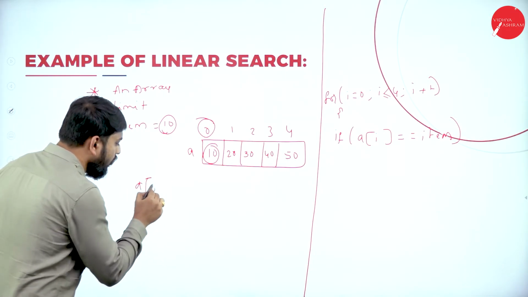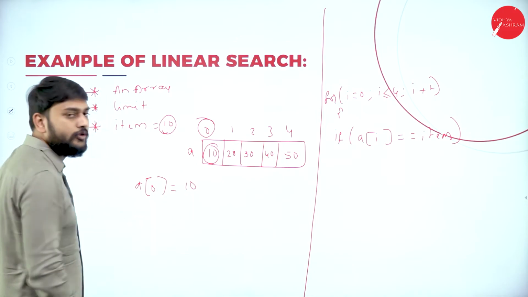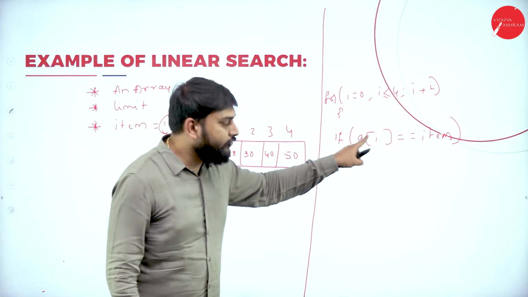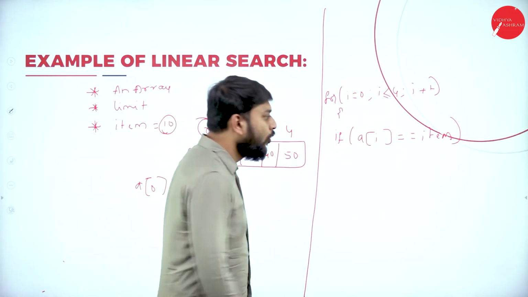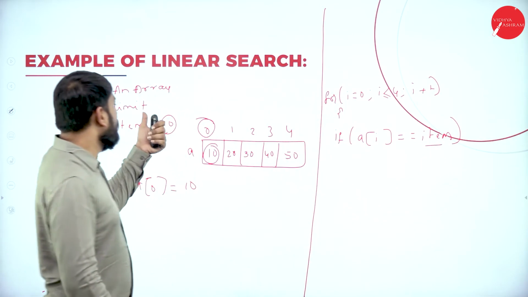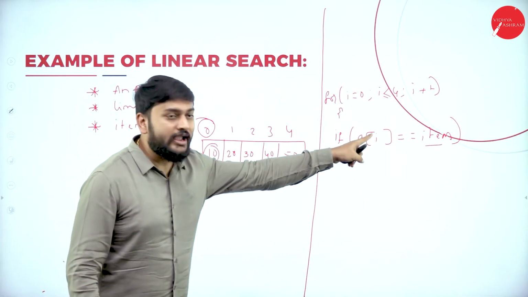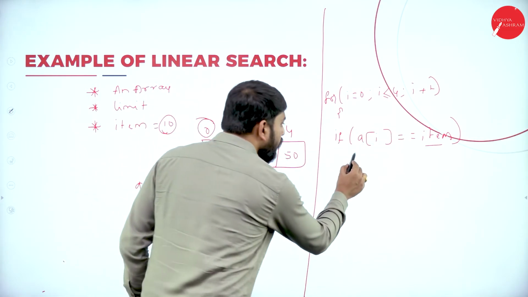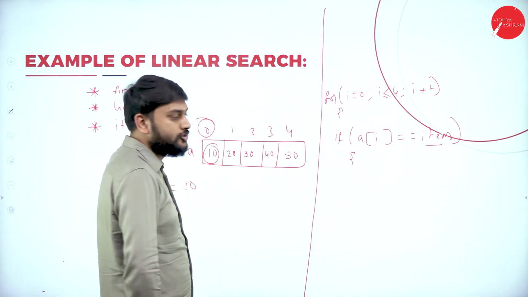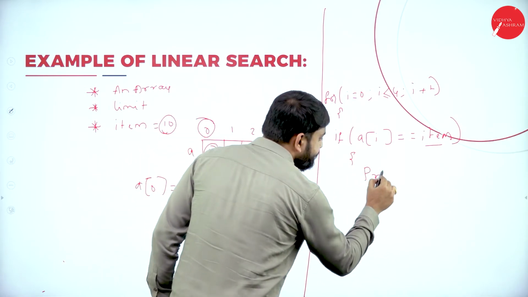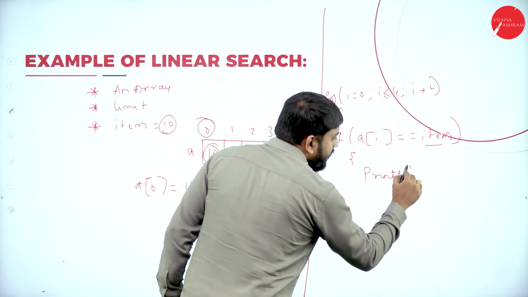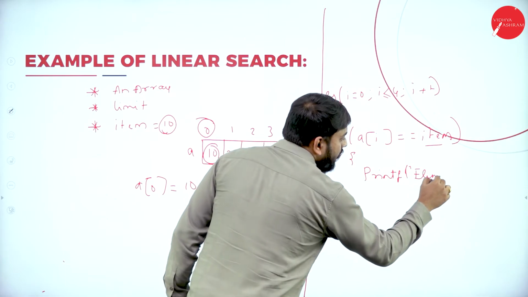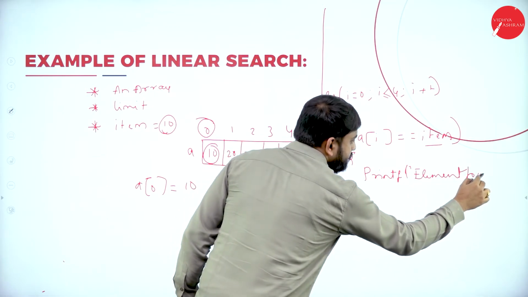A of 0 is equal to 10 right now here. Alright, so A of 0 is equal to item. What is the item value? Item value is 10. So A of I is equal to 10? Yes, it is true. Alright, if this condition is true, I will print element found or item found.